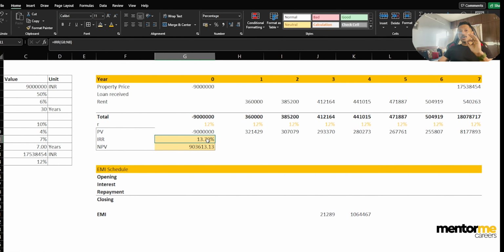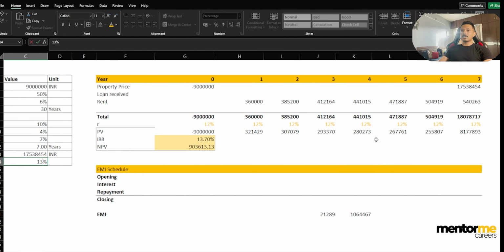So in order to make you understand this, we'll just fiddle around with the rate itself. Let's try 13% and see what exactly happens to the NPV. If I put 13, then the NPV has dropped to 359,579. What happens if I do 13.5? It comes out even lower.